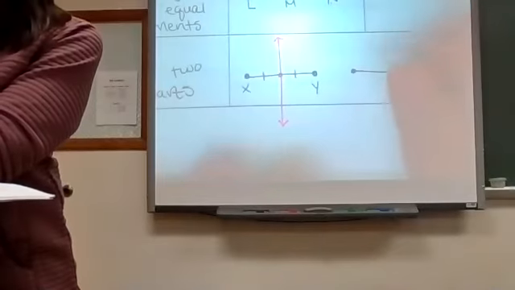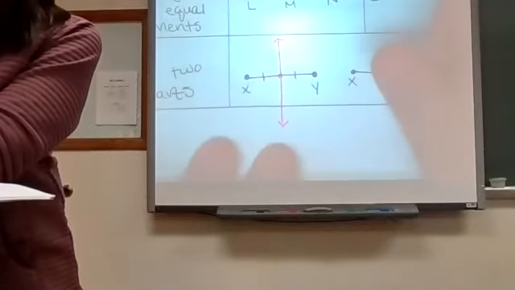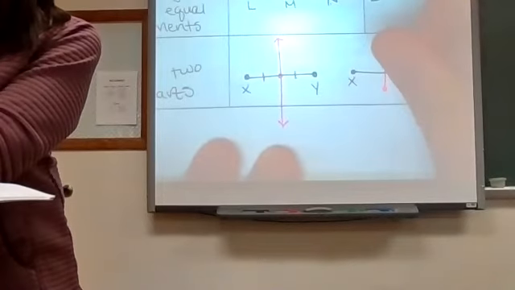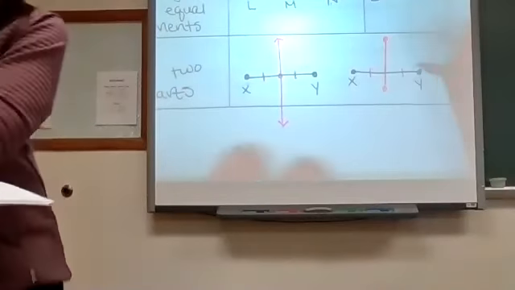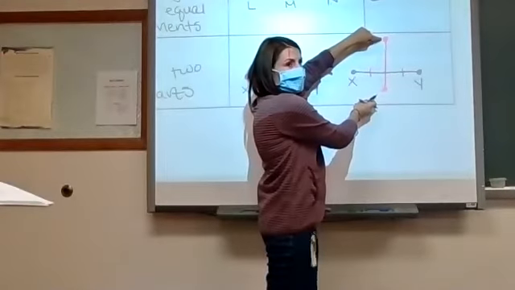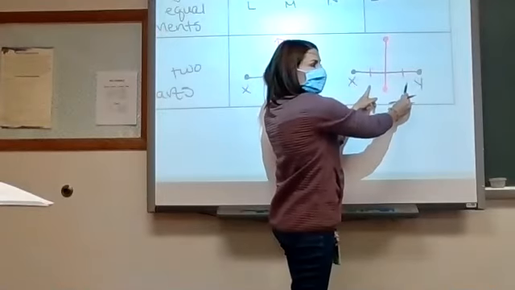Could have a segment over here. Again, we could call it XY, and it could be cut by another segment. And notice the way that I drew that. This doesn't look like it's bisected. That's not being cut into equal parts. But this segment is cutting this one into two equal parts.